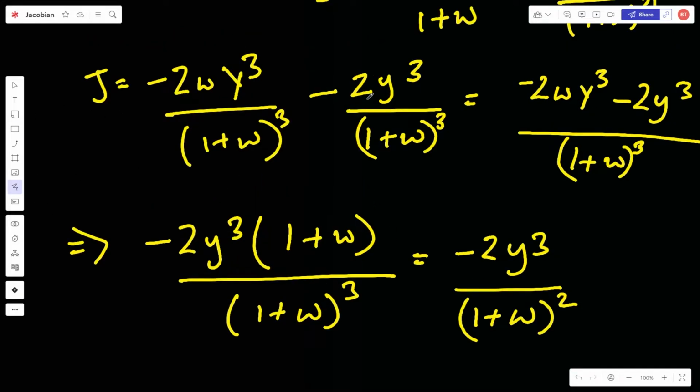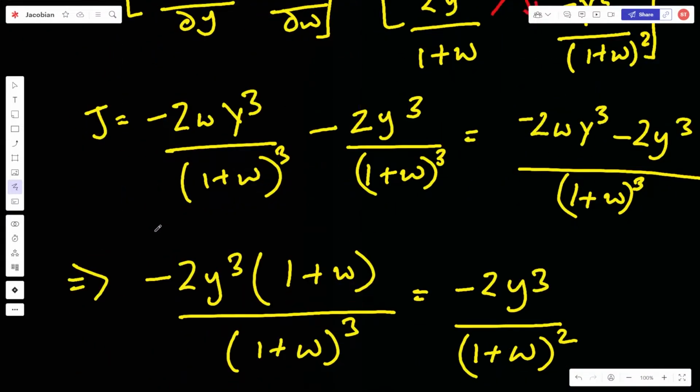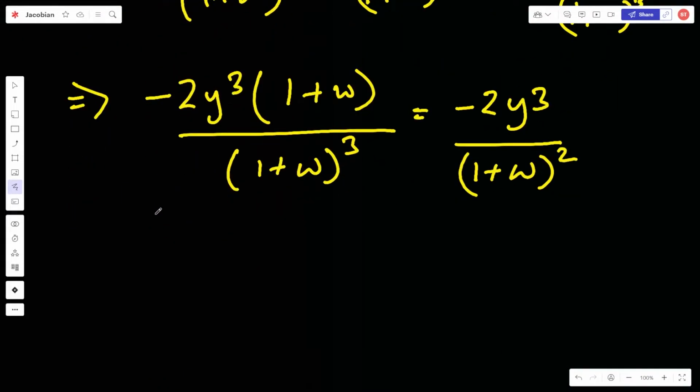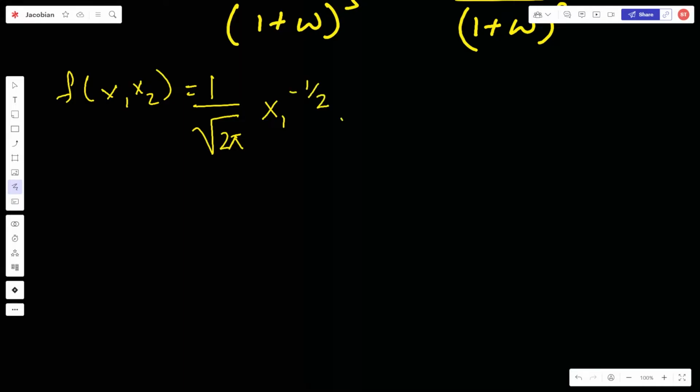Now that we have our Jacobian value, now that we have our x1 and x2, we can go ahead and find out what our joint distribution would be. We're going to find this joint distribution of f of x1 and x2, and the joint distribution is basically 1 over square root of 2 pi times x1 to the power negative 1/2 times e to the power negative x1 over 2, and that's for the x1 part.